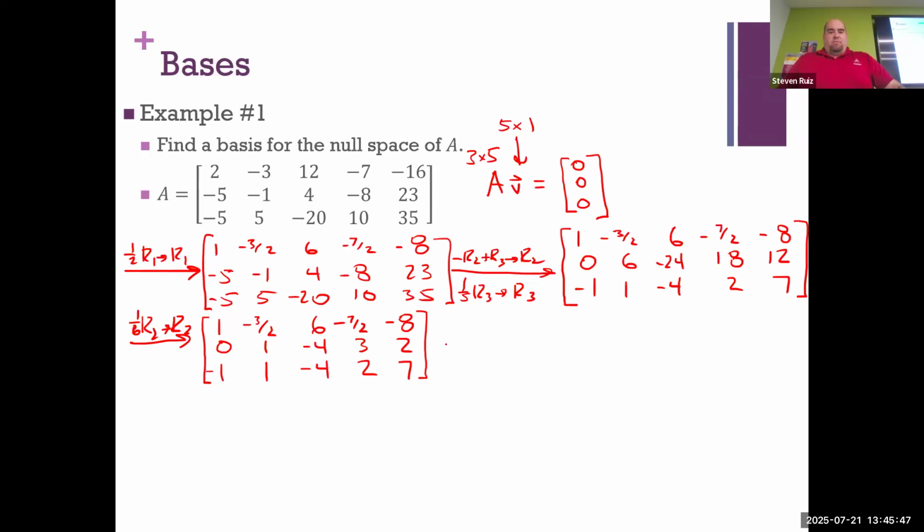Okay. Good. Now what? Row 1, row 3 to row 3.